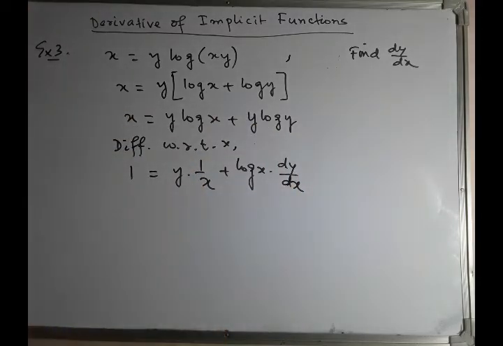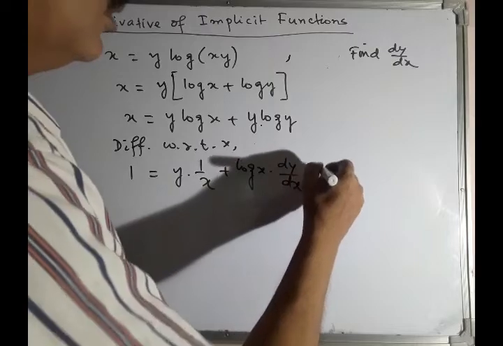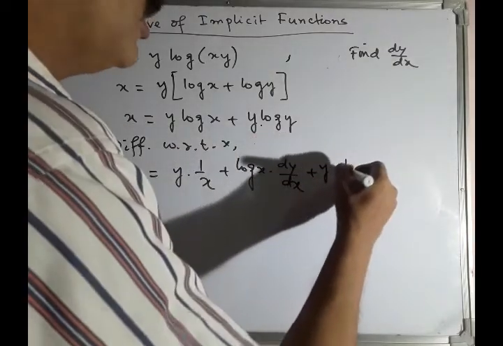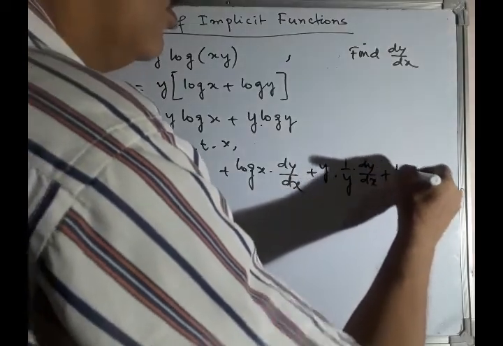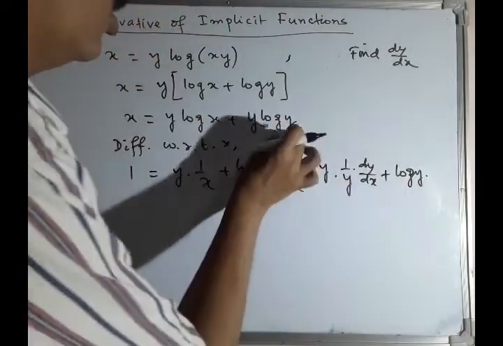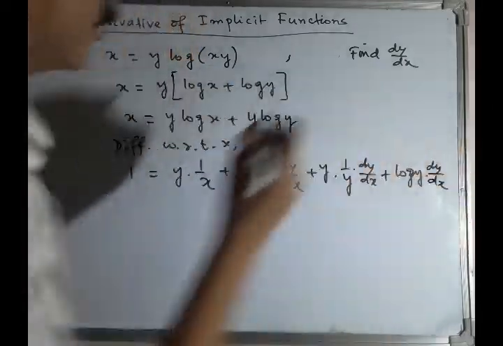Product function we have applied here. Again it is product function. Y into derivative of log y, which is 1 by y into dy by dx. Log y into derivative of y, which is again dy by dx.